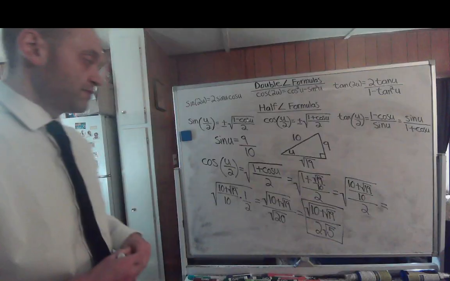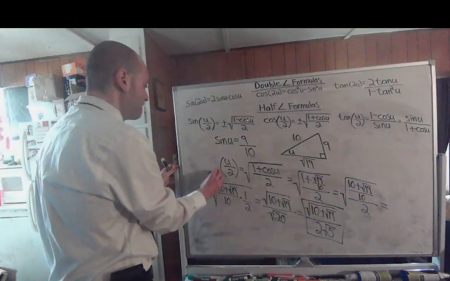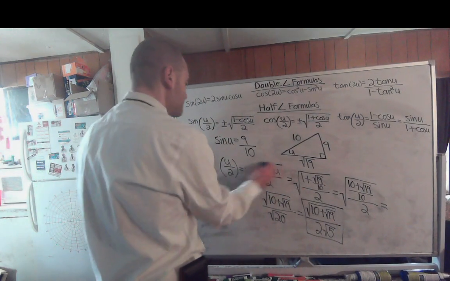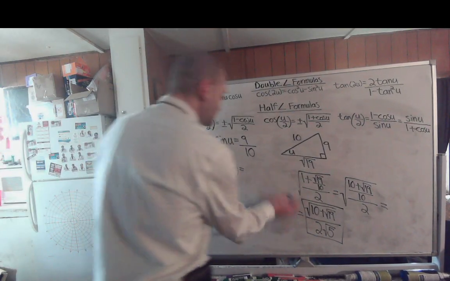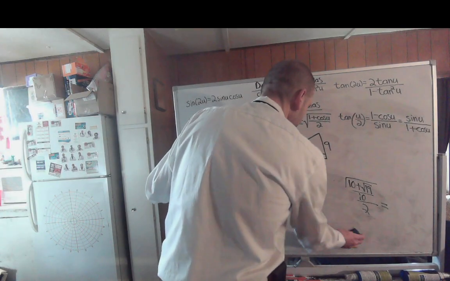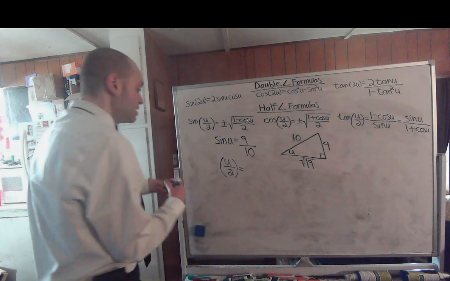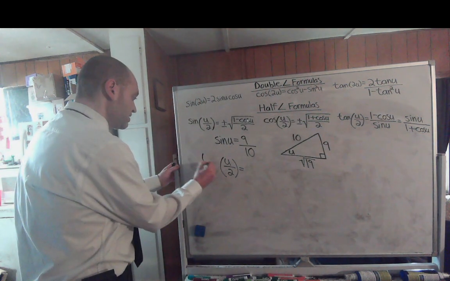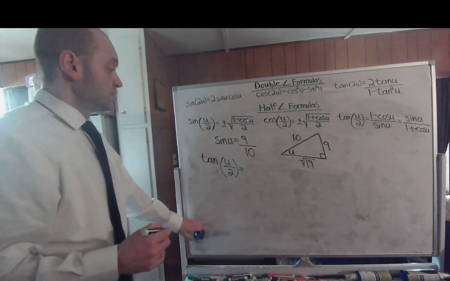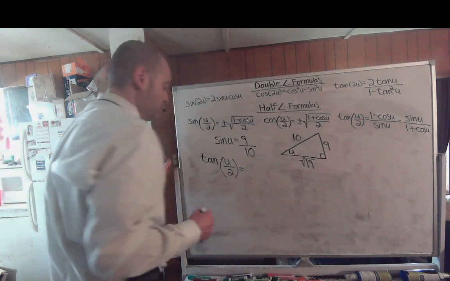After working out those formulas, we still have to do the tangent of u over 2. Then we'll do some double angles. So let's take the tangent of u over 2. Let's use that 1 minus cosine of u over sine of u.